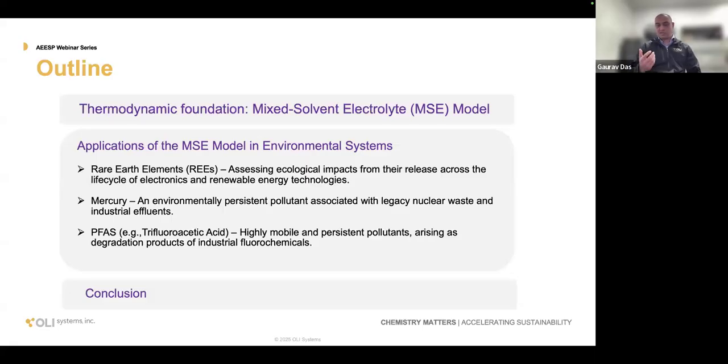And at the end, I'll talk a little bit about PFAS and how thermodynamic modeling would end up identifying the remedial actions for this emerging contaminant. And at the end, I'll conclude with some key highlights.